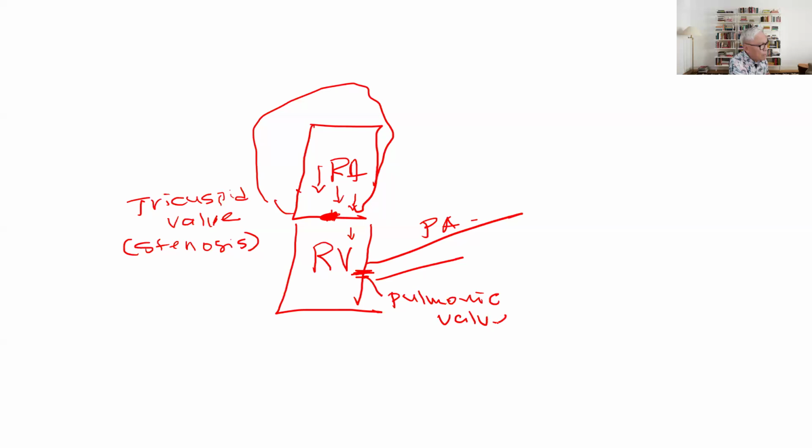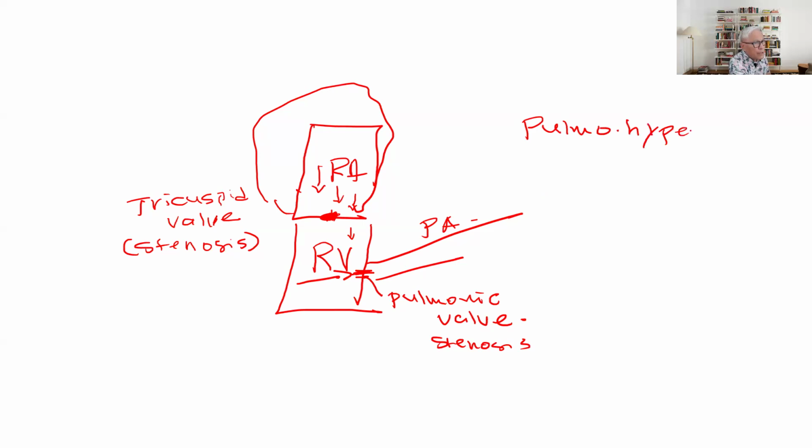If you have a pulmonic valve stenosis, again, blood cannot readily move forward into the pulmonary artery. And therefore, this would be a cause of right-sided heart failure. Now, whenever you have pulmonary disease, you have a condition known as pulmonary hypertension.